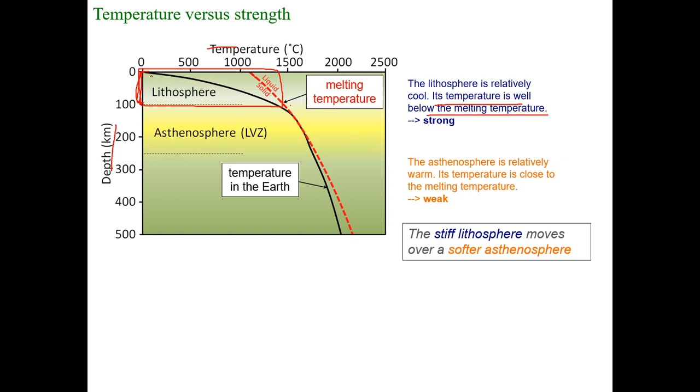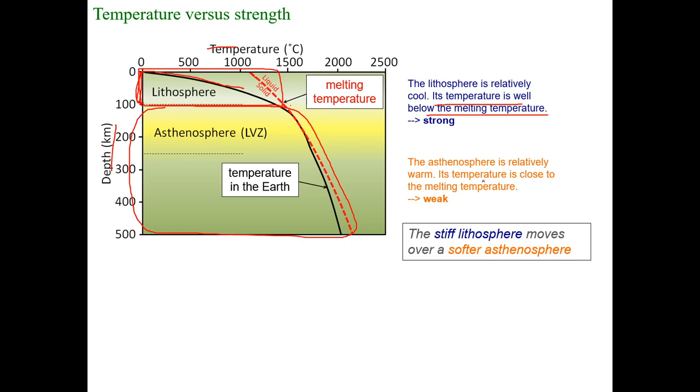And you'll notice that the geotherm is well to the left of the melting temperature. It means it's much cooler than the melting temperature. Here, the asthenosphere is much closer to the melting temperature. And because of that, it is more like this bendable, malleable stuff that we're not quite used to. You can almost think of like really hot metal that is still solid, but it can deform.